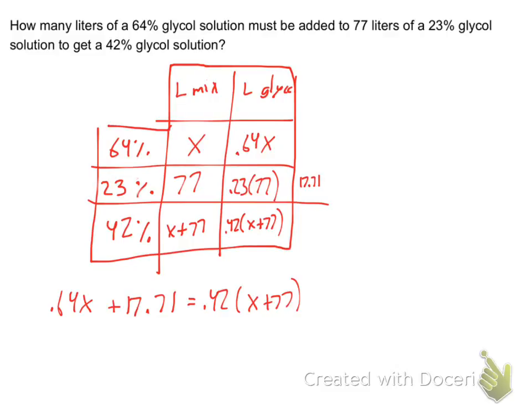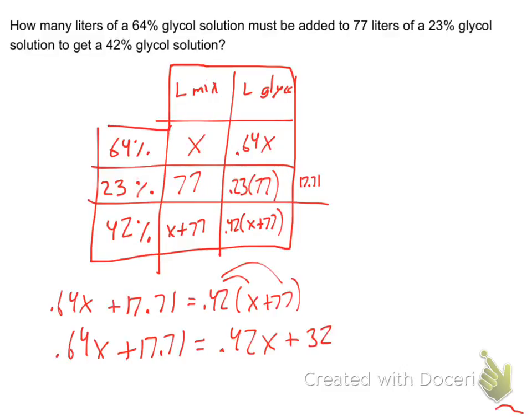Distribute the 0.42, gather up the x's, and solve it out. I'll give you guys a couple seconds to keep going on that one. 0.64x plus 17.71 equals 0.42x plus, what's 42% of 77? 32.34. I think it'd be best to subtract 0.42x from both sides.